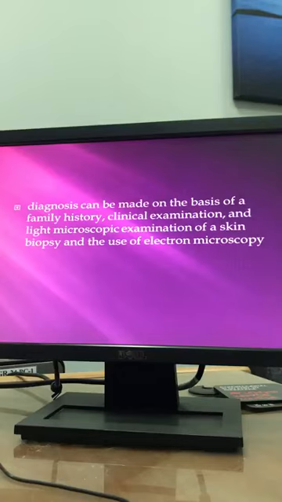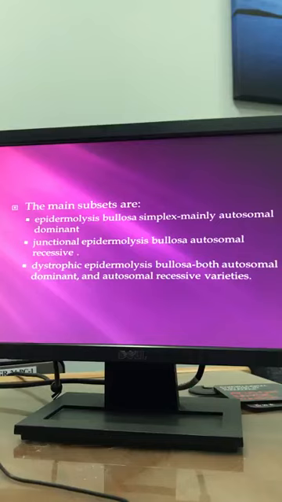Diagnosis can be based, as I told you, on the family history, because some are autosomal recessive, some are autosomal dominant. Clinical examination, presence of blisters with mechanical friction, meaning those blisters appear with mild friction. Even if you touch the patient or if the patient walks, the blister will appear on his feet. If the patient crawls, the blisters will appear on his knees, etc. And by skin biopsy and electron microscopy.